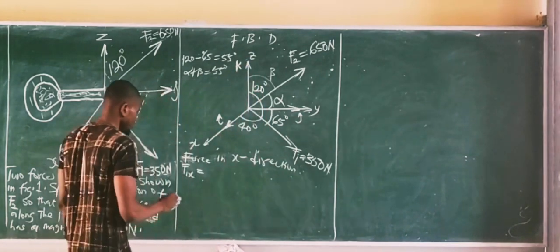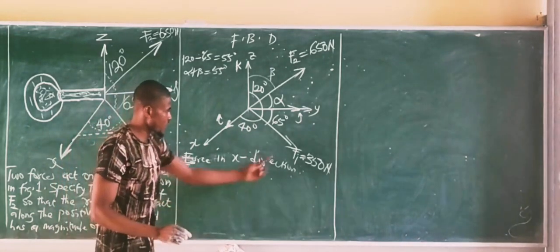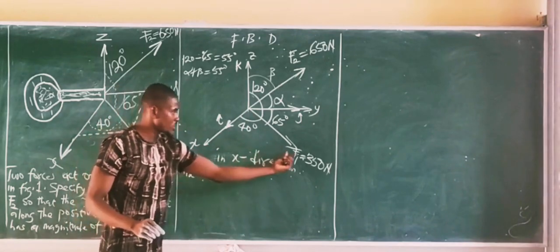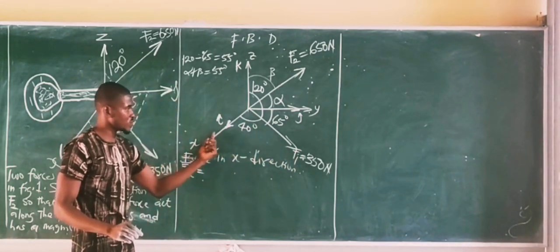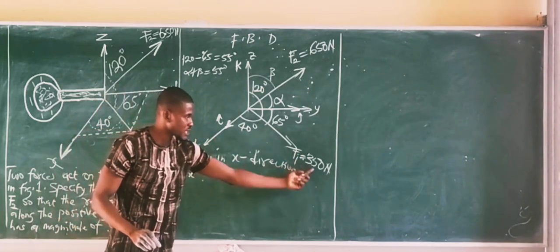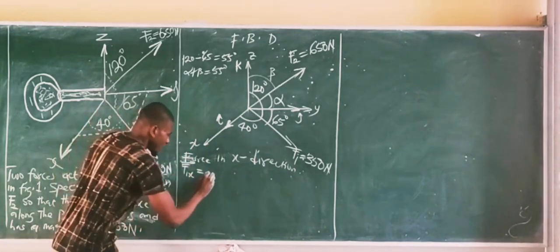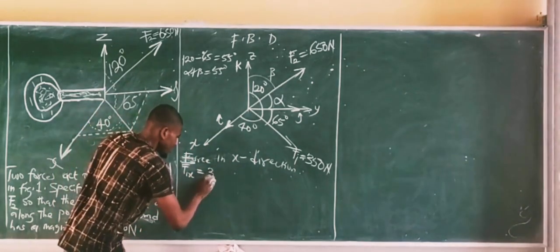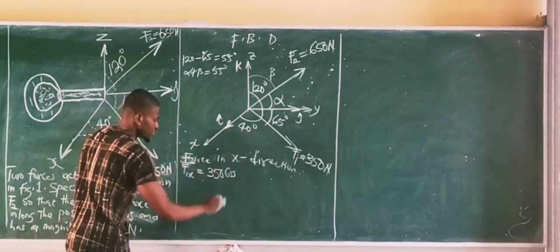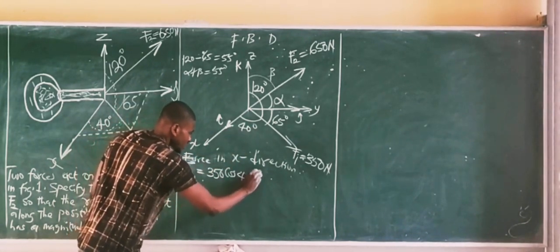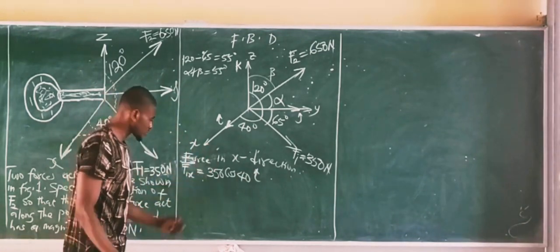So the position vector of force F1x: resolving F1 to the x line, it passes through this angle of 40 degrees to get to this point. So you simply multiply the force by the cosine of the angle it passes through. You have the force is 350, cos 40 degrees, so 350 cos 40 in the i direction because x is the i direction.